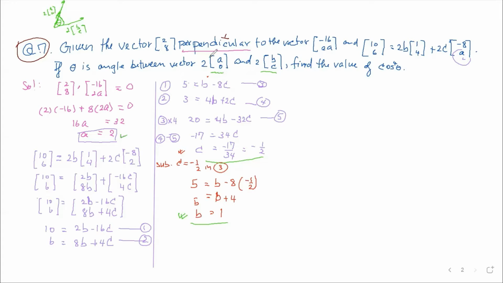So from this one we can get maybe this as vector u, and this as vector v. So the next step we use the formula of vector u times vector v.